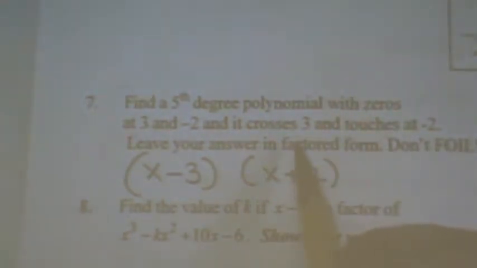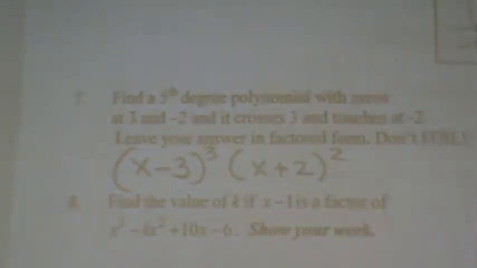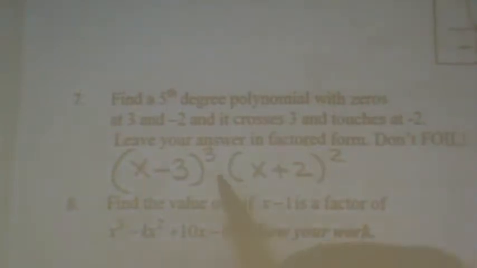So if it's gonna cross at 3, it's crossing here and it's touching here. This has to be an even power, and this has to be an odd. Now, you could have had another answer. You could have had a 1 here and a 4 here, and that also works. Don't worry about 8, you don't have to do it.